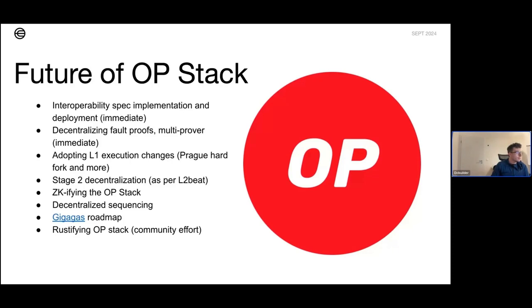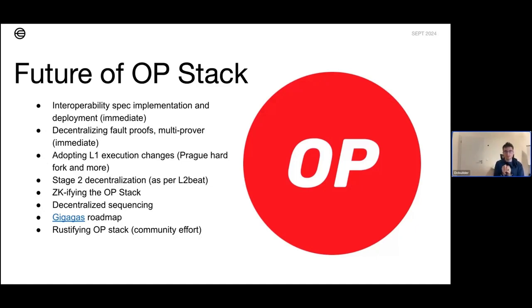Some good questions I see on the chat. What are the limitations of fault proofs and how does it differ from validity proofs? Great question. With fault proofs, the biggest difference is that you have this dispute period of 7 days for settlement. This is part of the worst user experience of it all: in order to withdraw from an OPStack network that is regularly configured with fault proofs, you have to wait 7 days to withdraw from the smart contract of Optimism on the L1.